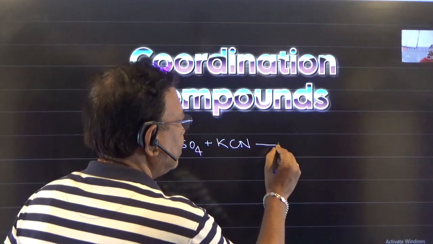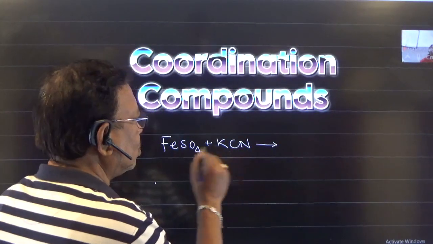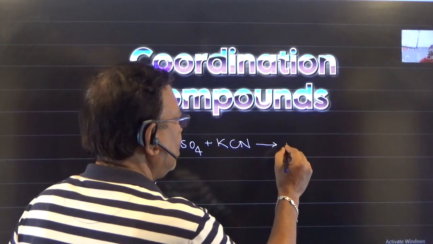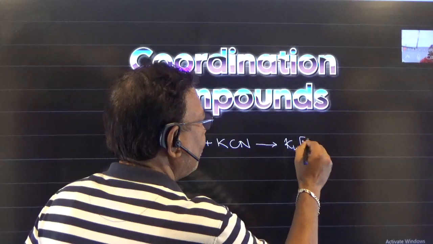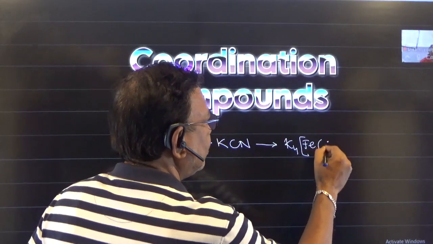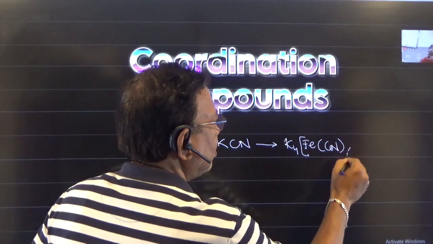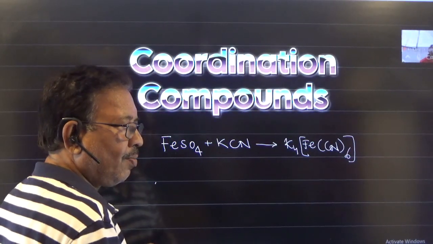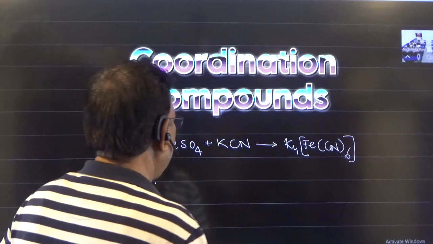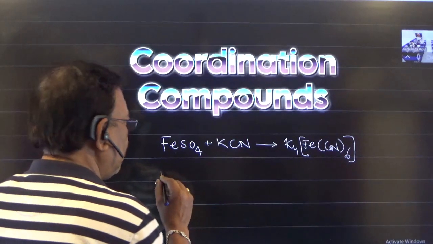Now, whenever these two salts are added together, it forms K4[Fe(CN)6]. Is the board visible? Yes, sir. Okay. So this forms a complex salt.